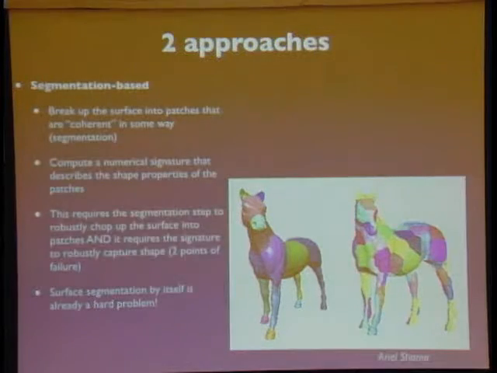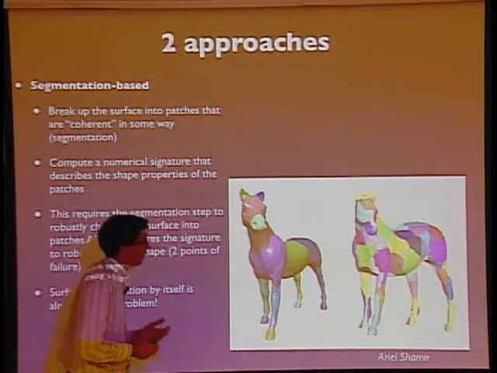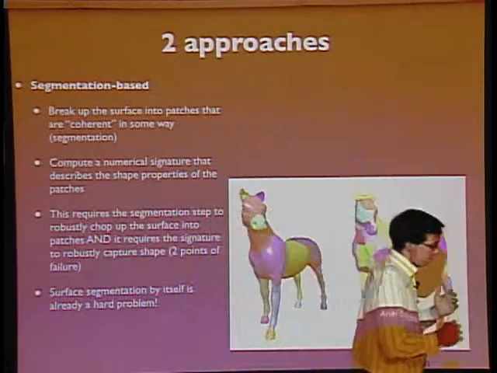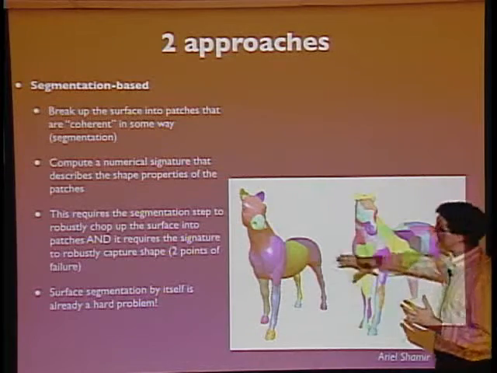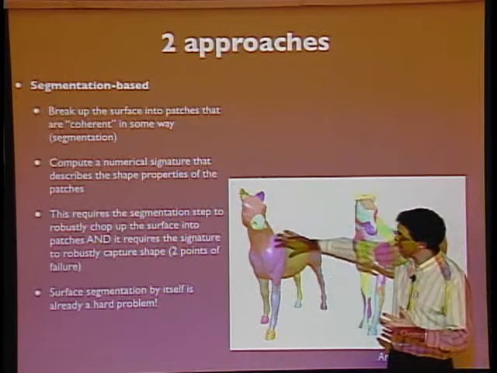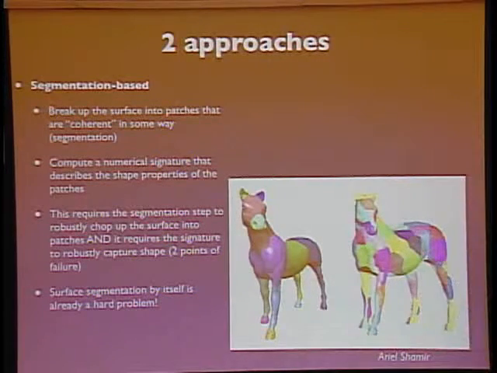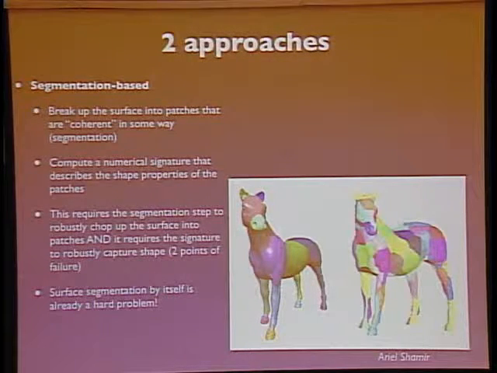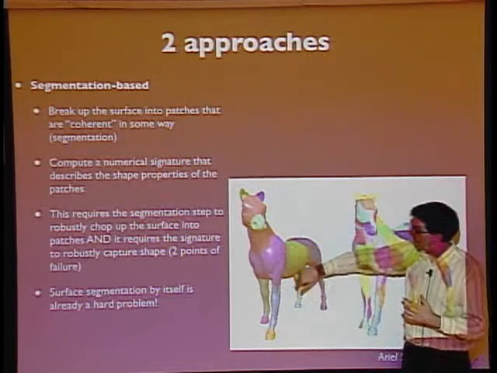In the first case, you have some algorithm that you have developed or appropriated that partitions the surface into non-overlapping chunks. So it takes your entire 3D surface model of a horse and breaks it up, where each color corresponds to one of these chunks. Then you can calculate some numerical signature, or set of shape characteristics, that describes the shape property of each one of these patches individually, without any reference to the other ones.